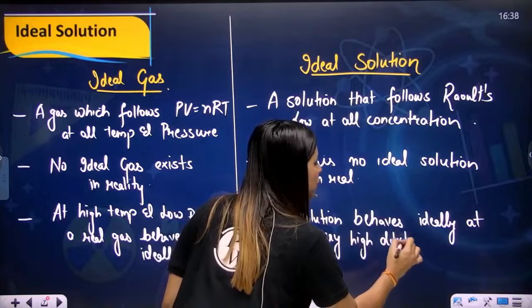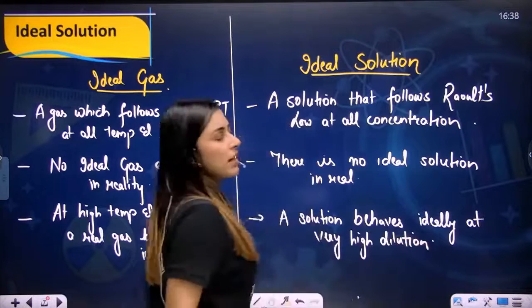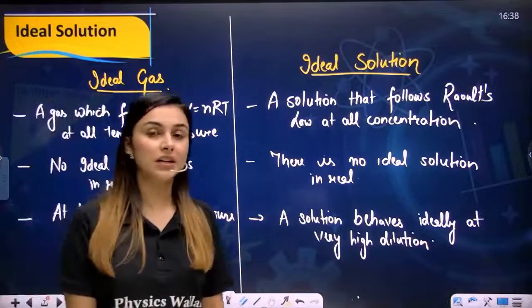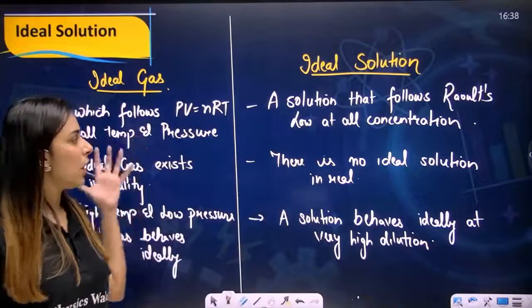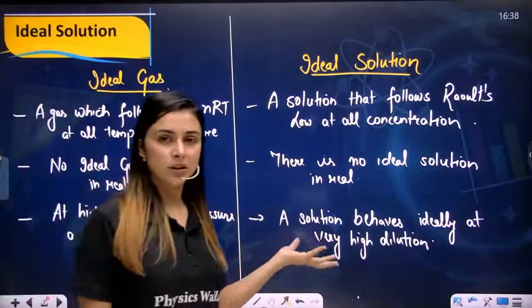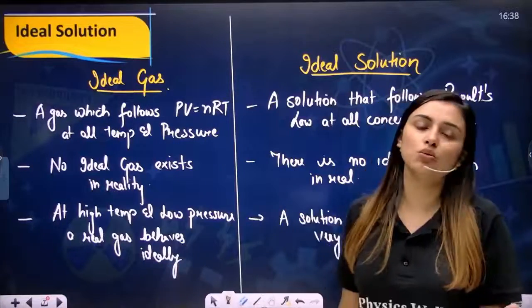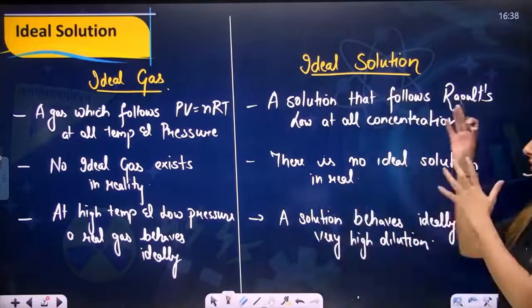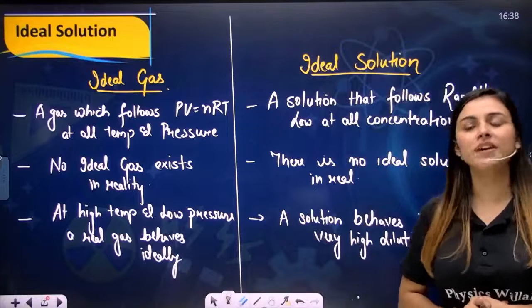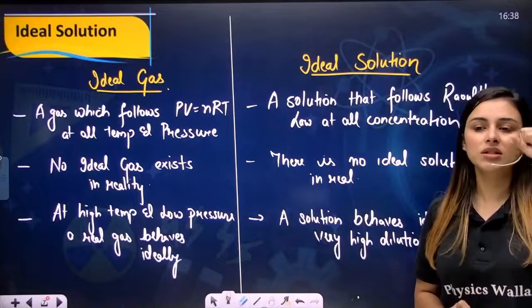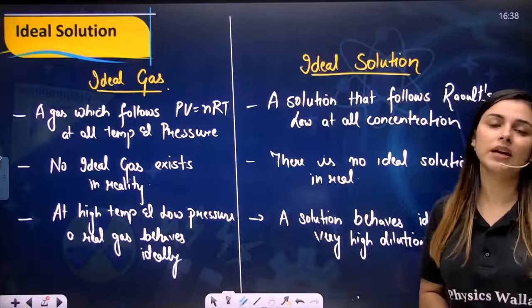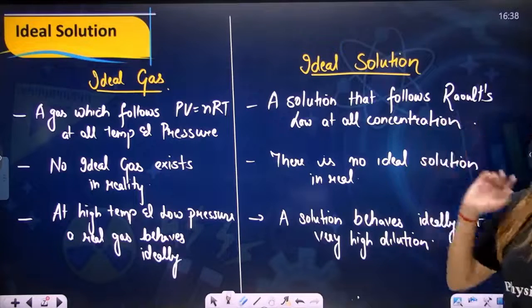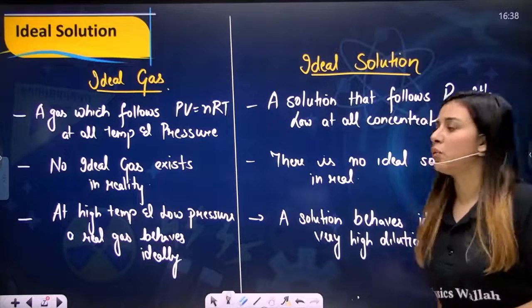If you dilute the solution to a very large extent, it can behave ideally. So this is how you can understand an ideal solution. How can you make a real solution behave ideally? You can dilute it to a very large extent, you can make its concentration very less, and then it will behave ideally. Okay, so you can write this and then we'll move forward.